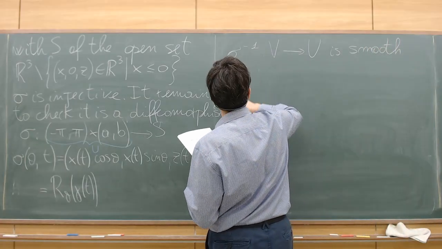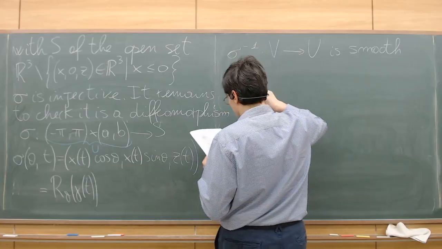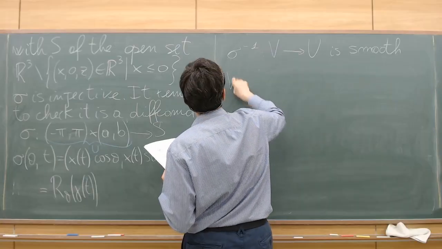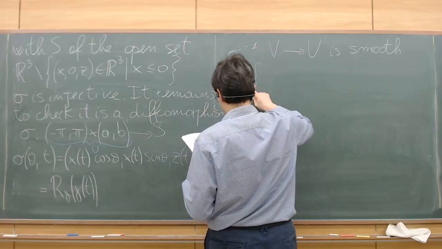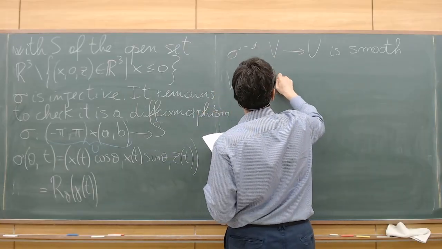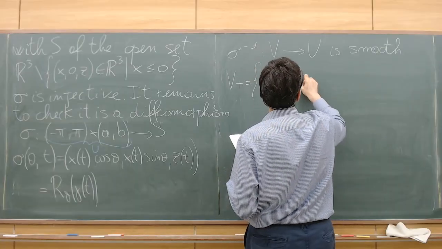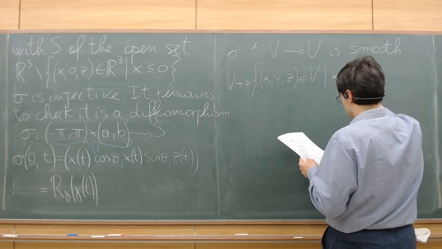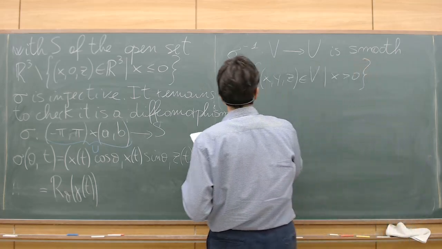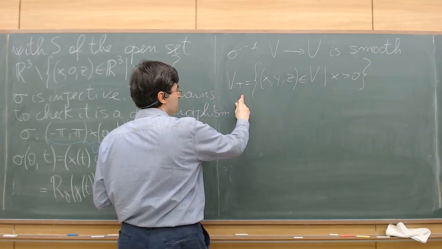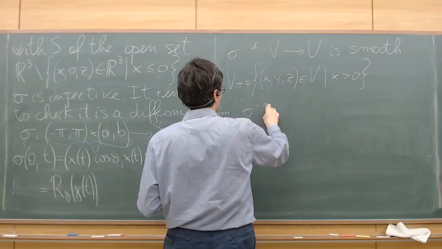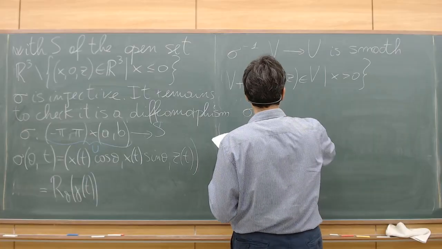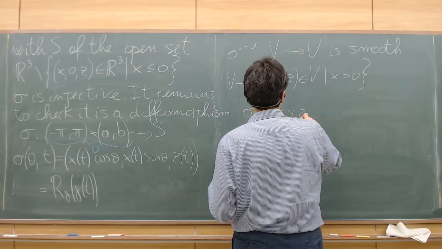This is true, and we will check this claim first on V plus, defined as the points of V such that x is positive. And on this subset of V, sigma inverse can be written down explicitly. So we have sigma inverse of x, y, z.